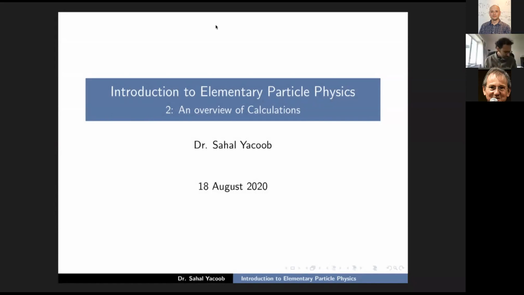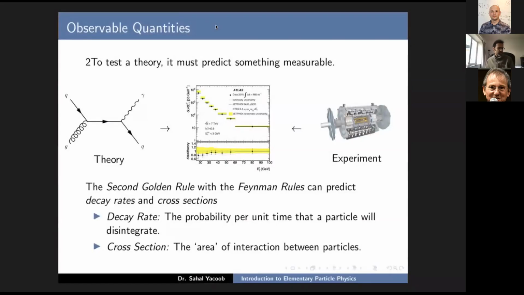Let's jump right in to an overview of the calculations. By way of introduction, and immediately a typo on the first line of the first slide is maybe not the best way to start. To test a theory, of course, we want something measurable.